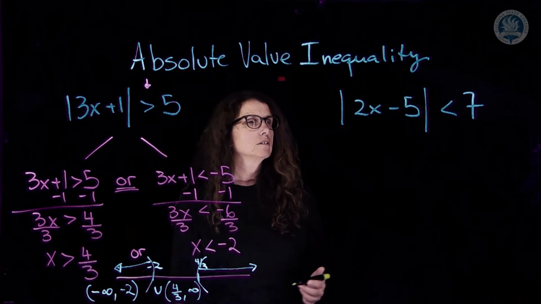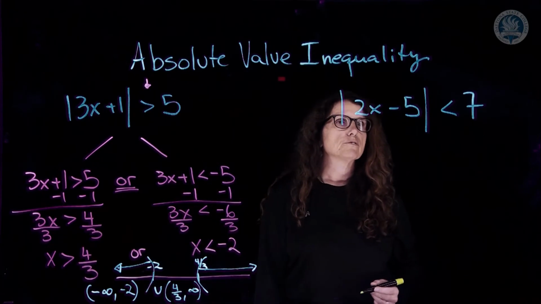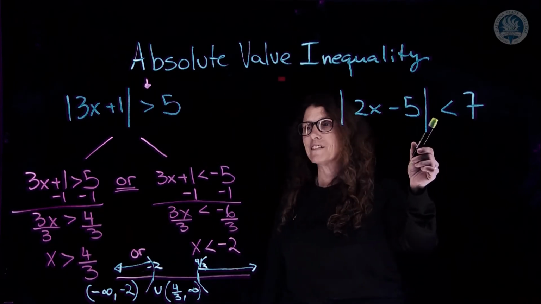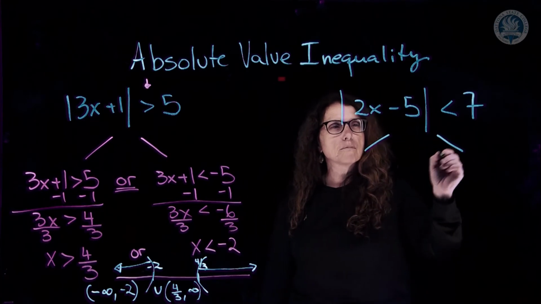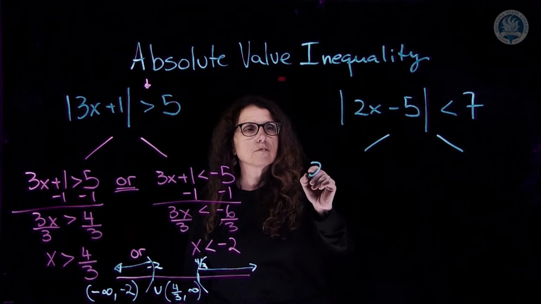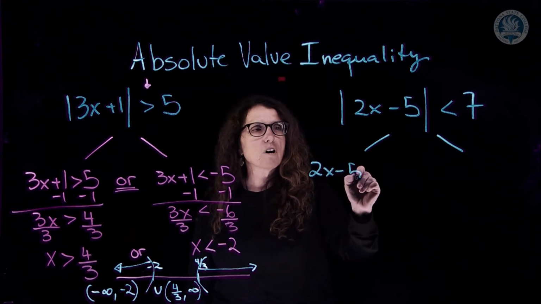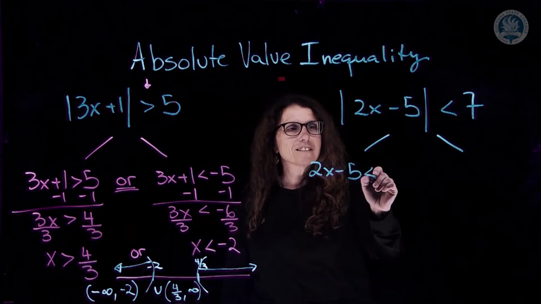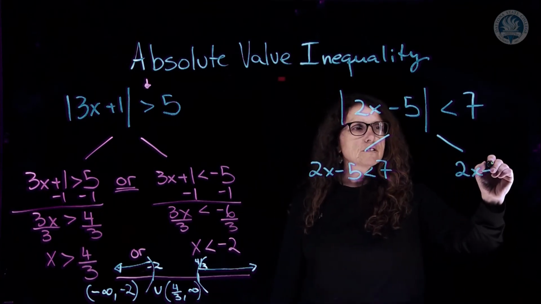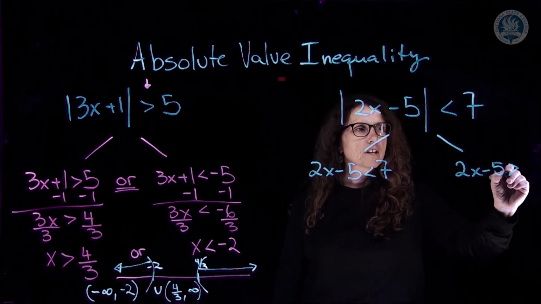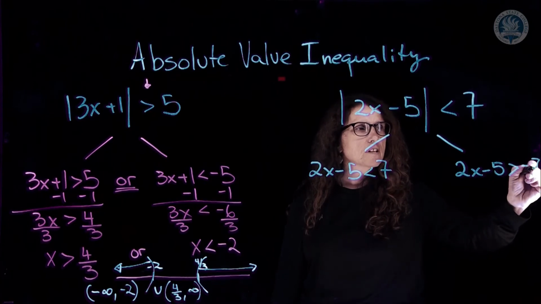Now here we have the absolute value of 2x minus 5. This time is less than 7. We rewrite the problem again. We have 2x minus 5 is less than 7, and 2x minus 5 is greater than negative 7.